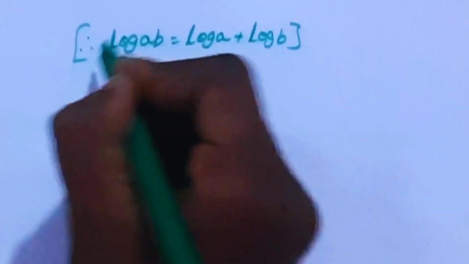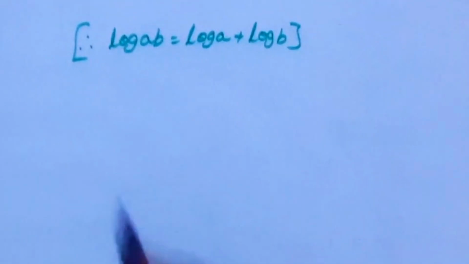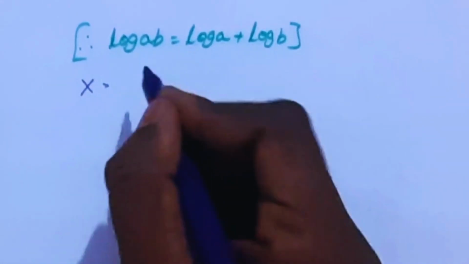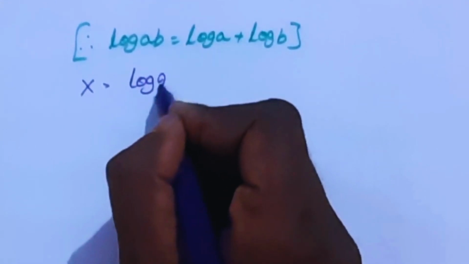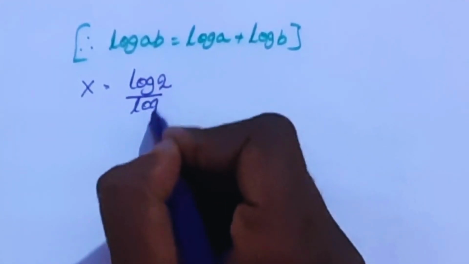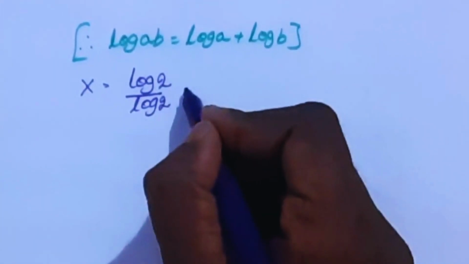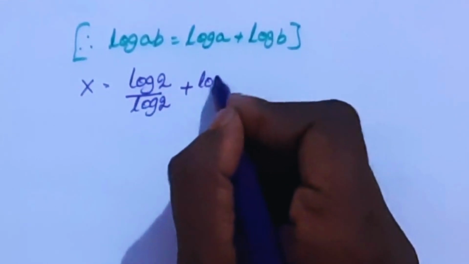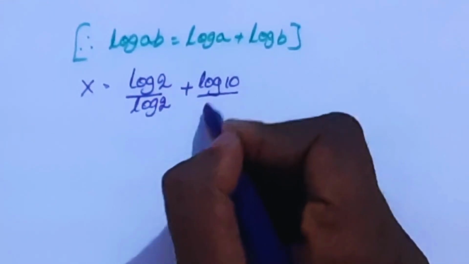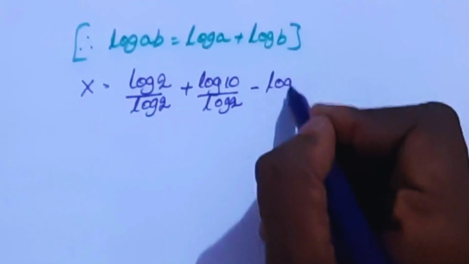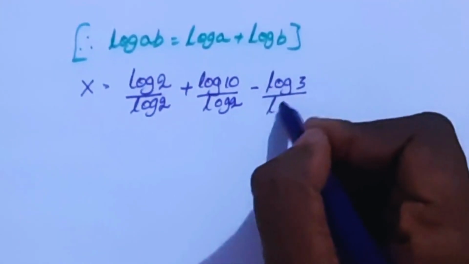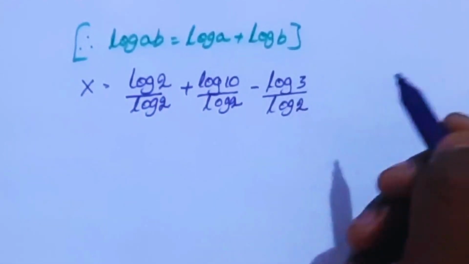This formula we are going to apply here. So x equal to log 2 by log 2 plus log 10 by log 2 minus log 3 by log 2.